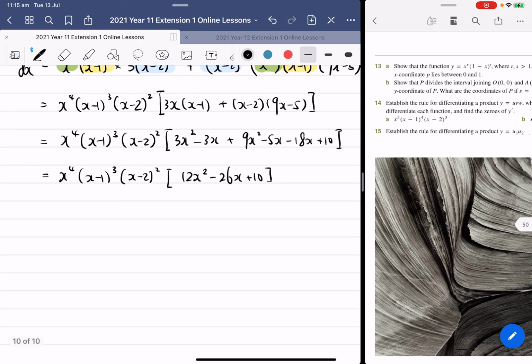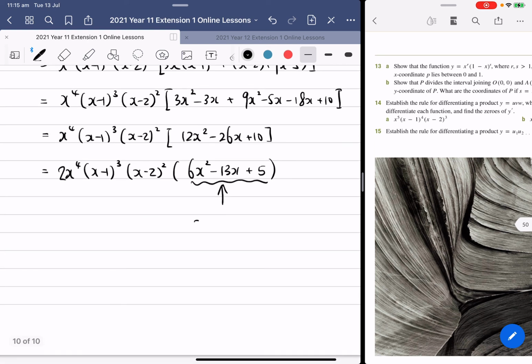Let's factorize the 2 out from the last factor. That gives us 6x squared minus 13x plus 5. You can further factorize this quadratic trinomial using the cross method.